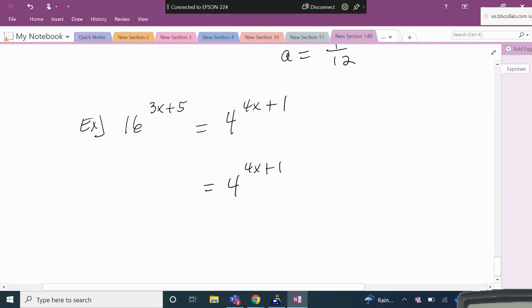I can rewrite 16 as a base 4. Right, 16 is 4 squared. So I'm simply replacing 16 with 4 squared. Now it's a base 4 raised to the 3x plus 5 power.